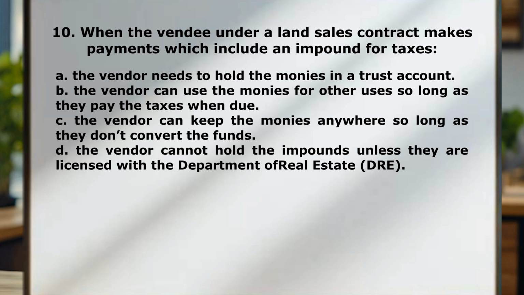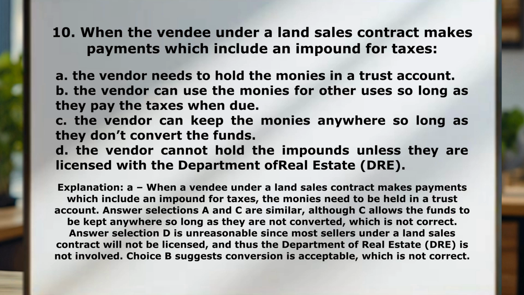That means it is a separate account to pay for property taxes. So those monies need to be held in a trust account. Answer C seems pretty reasonable, but the reality is the answer is A, they must be held in a trust account.